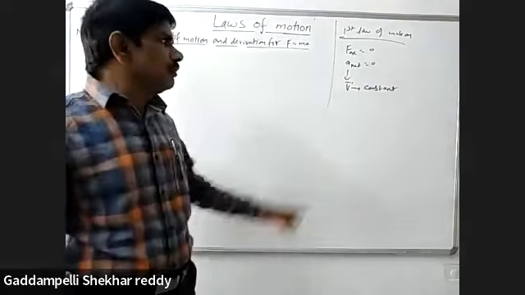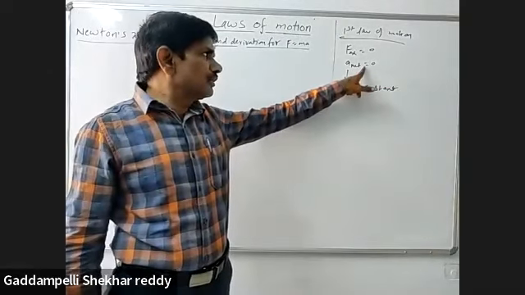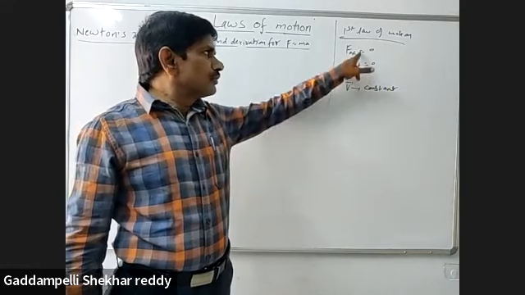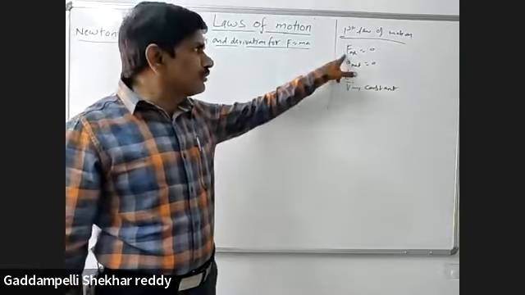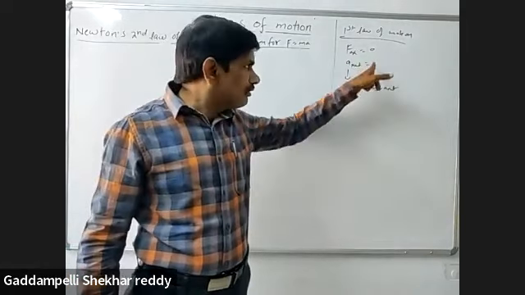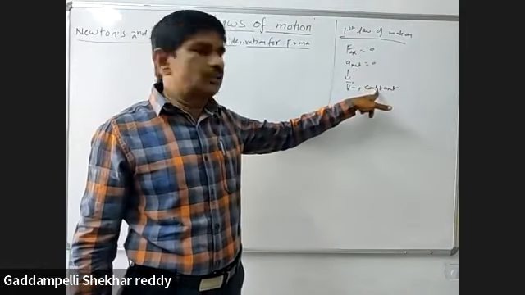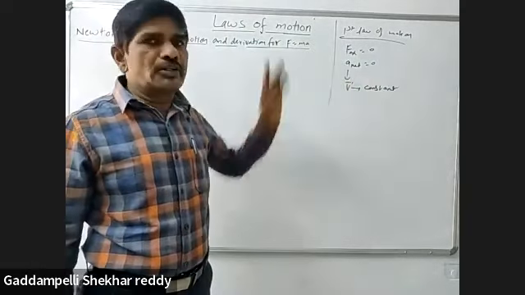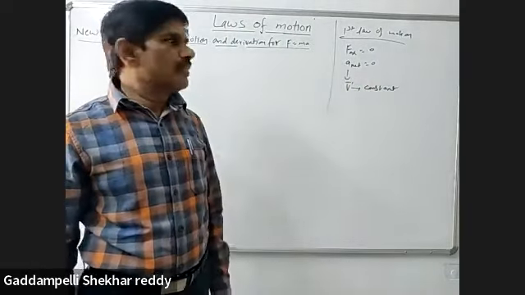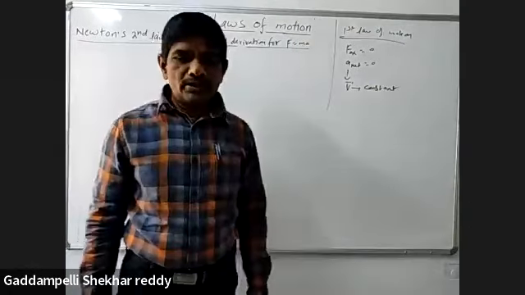If the body moves with constant velocity, acceleration is 0. So external force 0 means the body may be at rest or moves with constant velocity. That is known as Newton's first law of motion, which gives the concept of force and inertia.